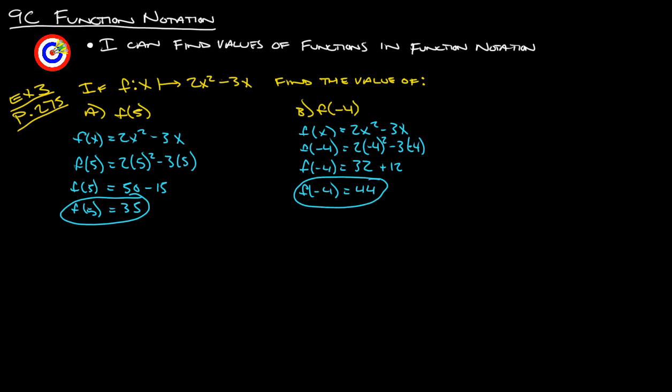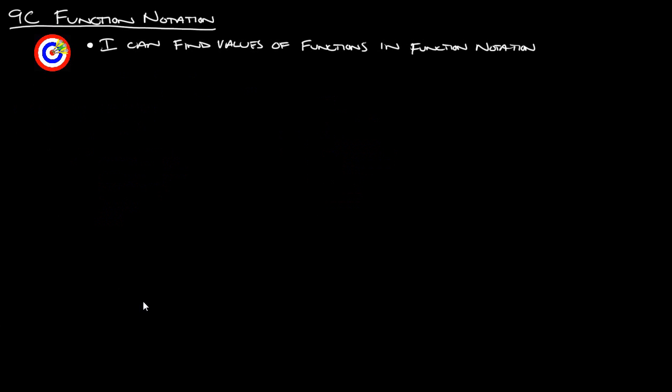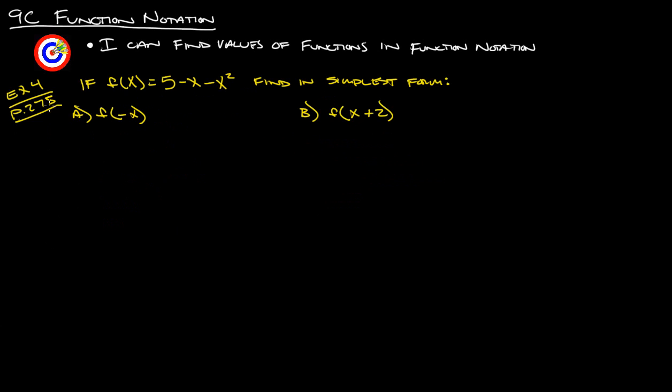Alright. Okay, one last set of examples is example 4 from page 275. And that says if f of x, so it now has it in the plain old function notation here, equals 5 minus x squared, find in simplest form f of negative x and then f of x plus 2.